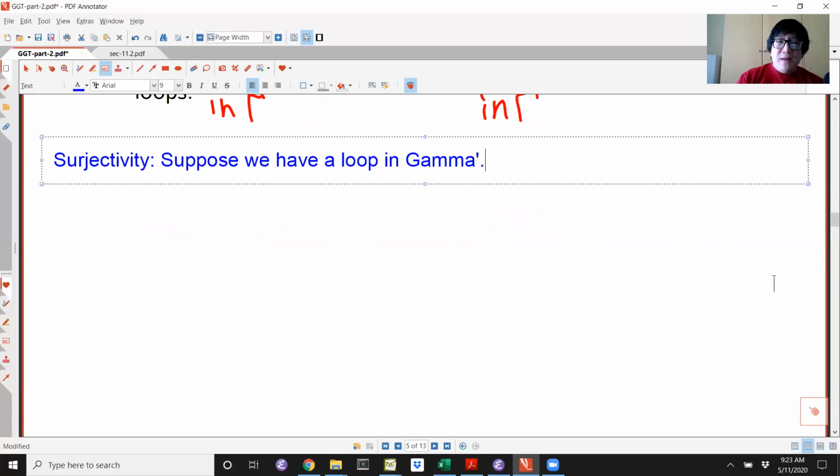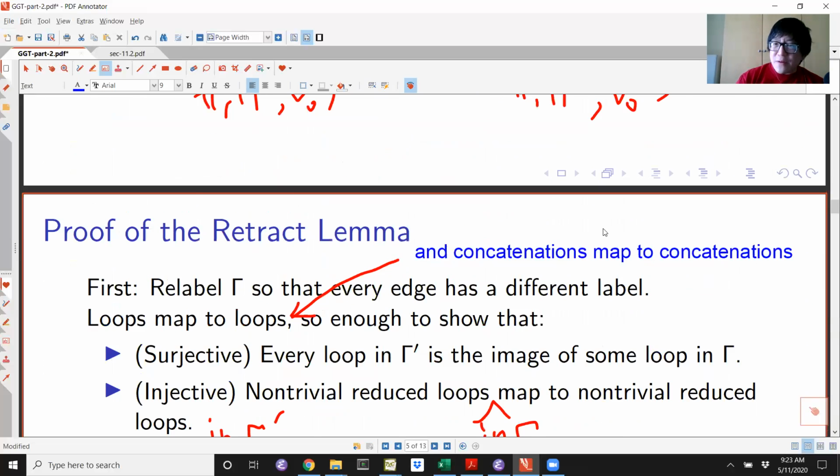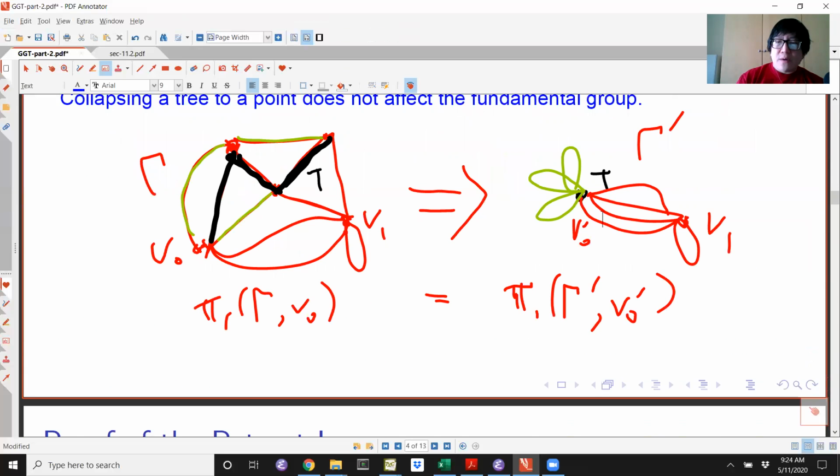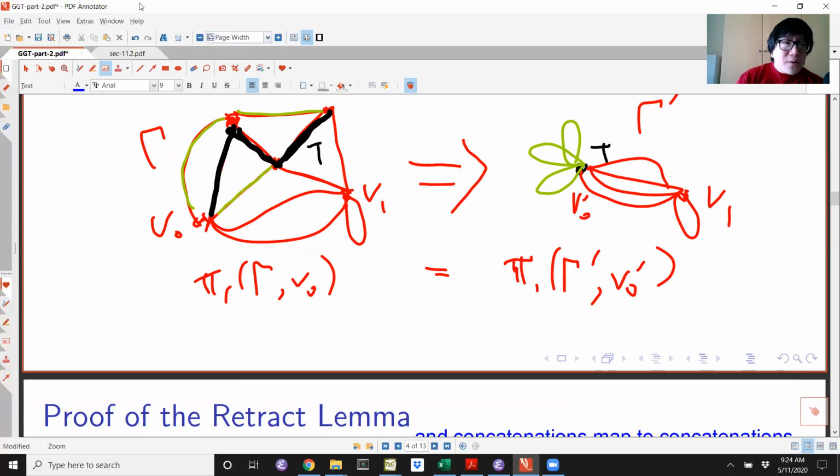I'm going to illustrate the idea using our example that we had before. The color coding is not unhelpful. Oh yeah, I should really color code this.